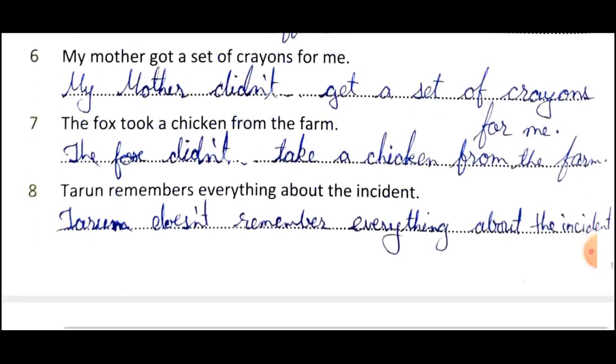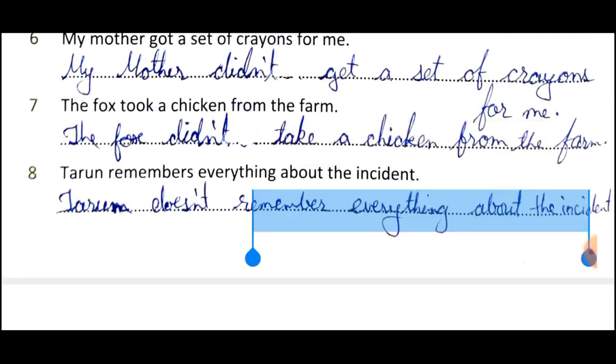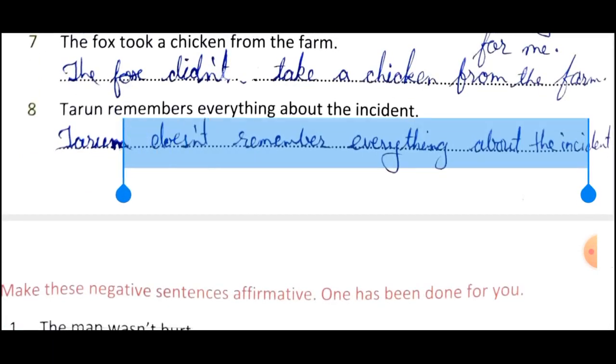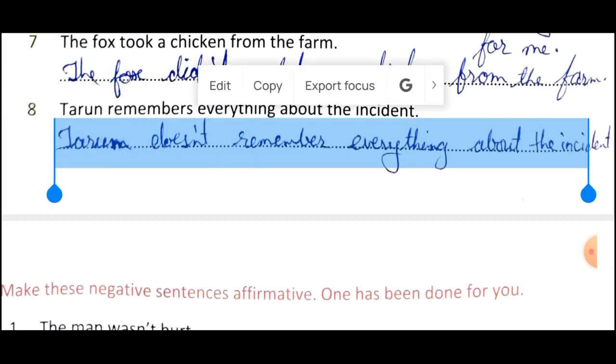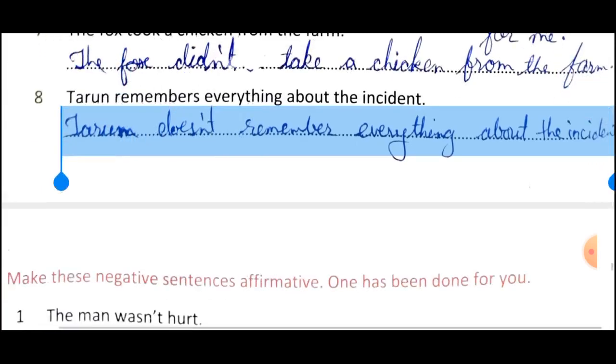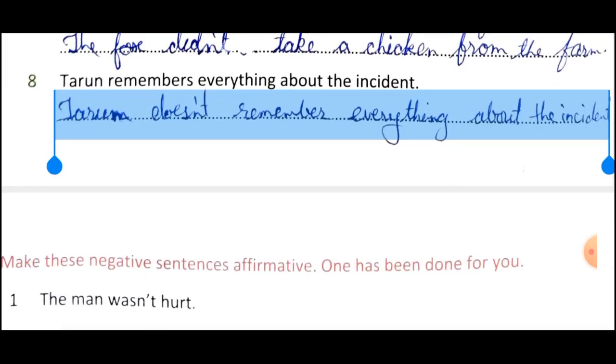Next is: Tarun remembers everything about the accident. Here the sentence will be written as: Tarun doesn't remember everything about the incident. In remembers, you can see that s is added after the main verb.